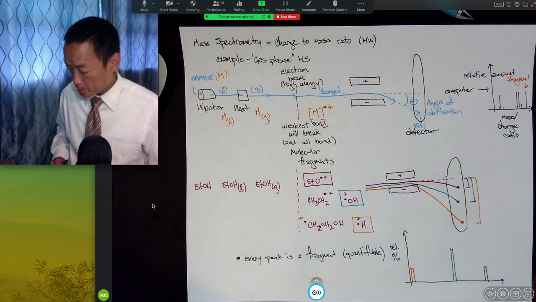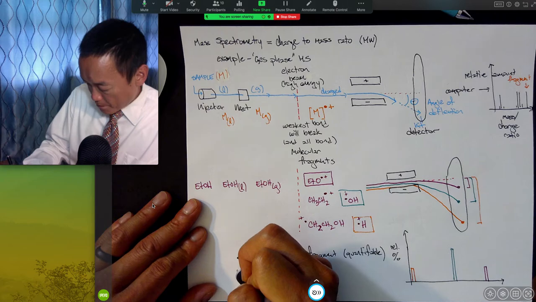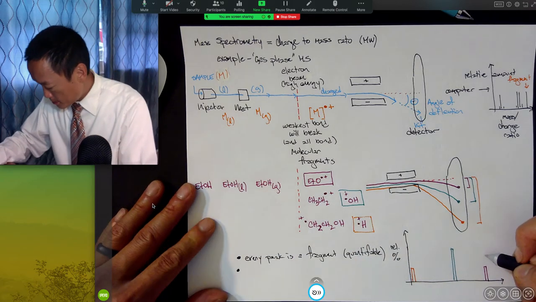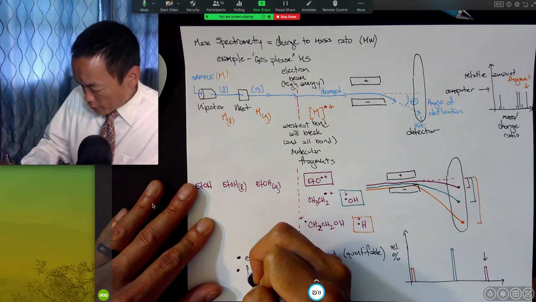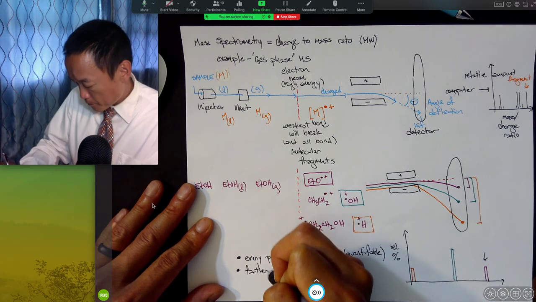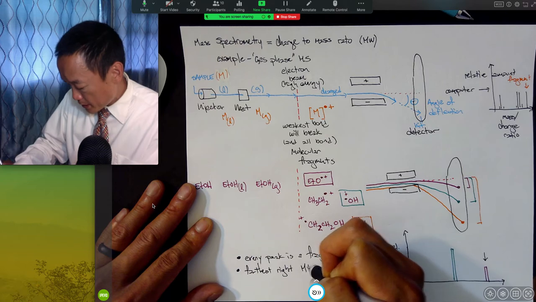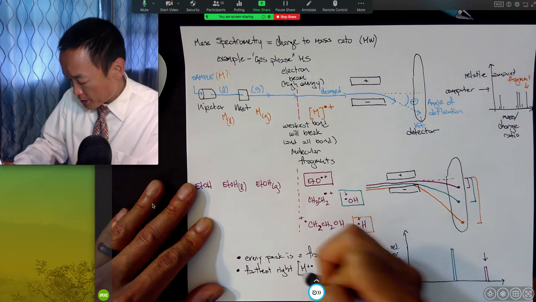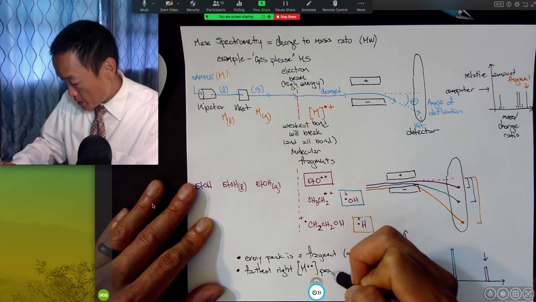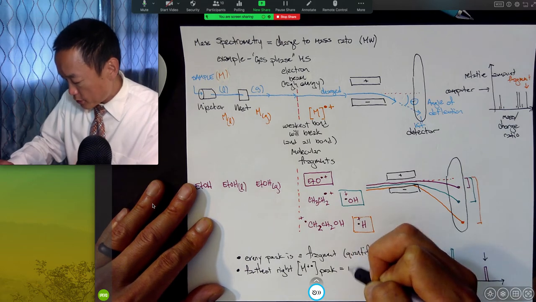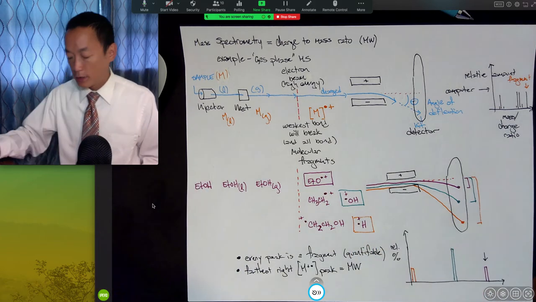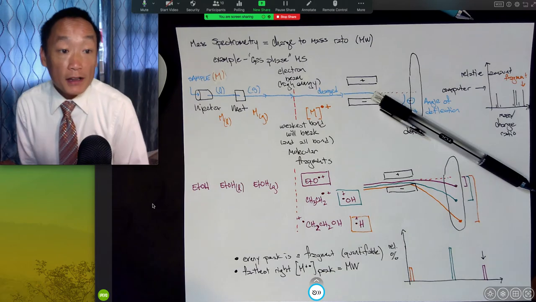Other important aspects about this. The peak that is farthest right is called the M plus peak, or M plus dot peak, and that is the one that is most likely the molecular weight of your molecule.